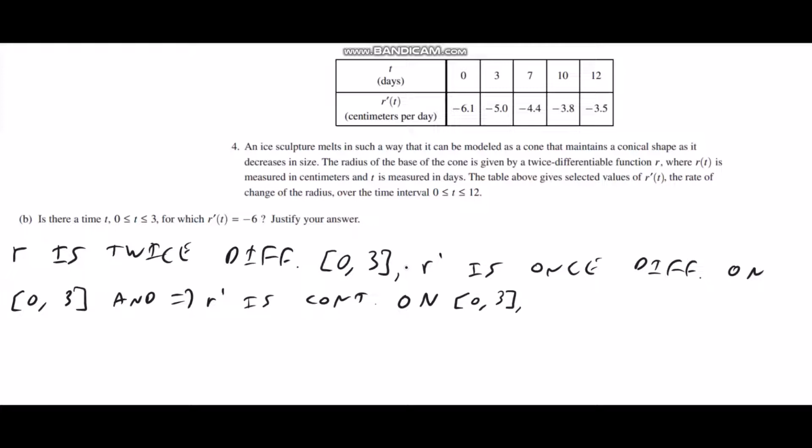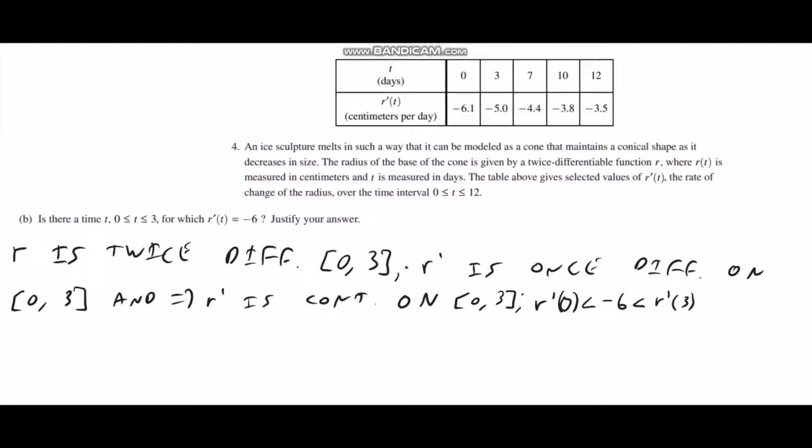One more thing I'm going to say here is that negative 6 is in between these values. So I'm going to write this down as r prime of 0 is less than negative 6, which is less than r prime of 3.